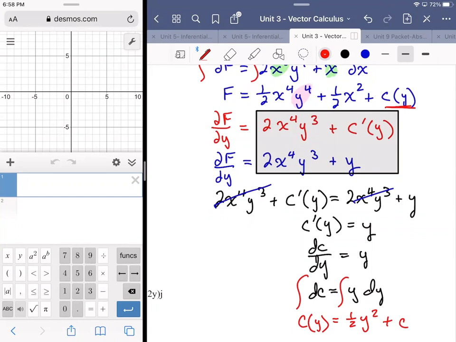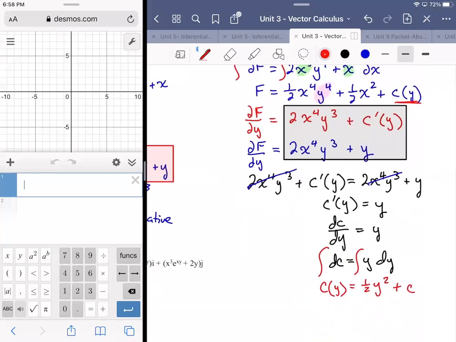So now we know what c of y is, and we therefore know a function f whose gradient vector would be p comma q: 1/2 x to the fourth y to the fourth plus 1/2 x squared plus, instead of c of y, I would now say 1/2 y squared plus c.